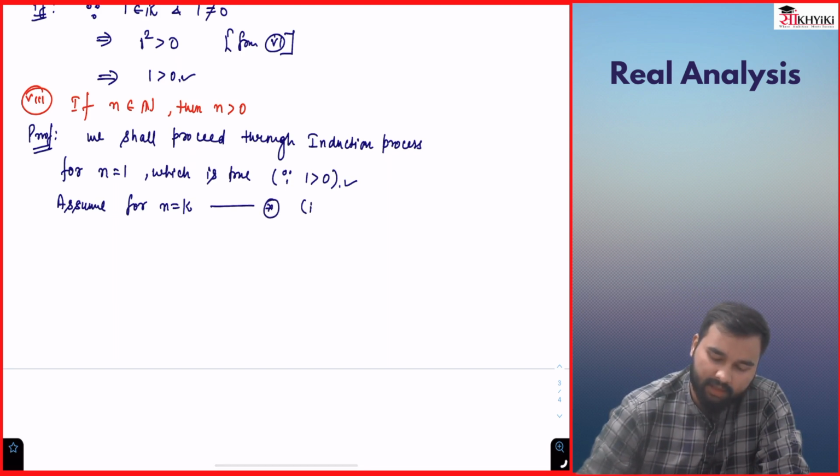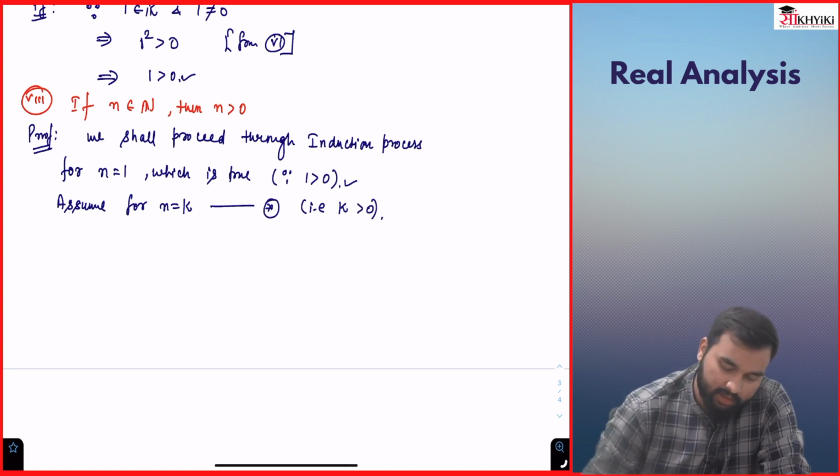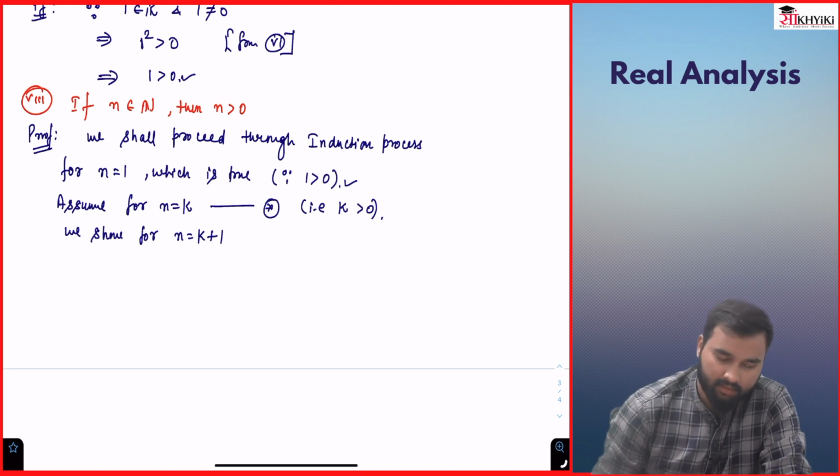And what is इसका मतलब क्या हुआ? That k is greater than 0. Okay. And in the last and final step, अब क्या करेंगे हम? We show for n equals to k plus 1.